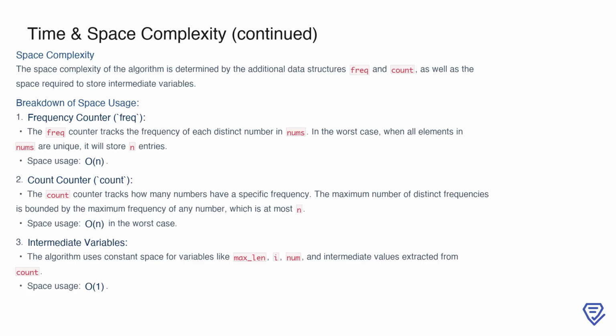The number of distinct frequencies is bounded by the maximum frequency of any number, which cannot exceed n. Thus, the space usage of count is also O(n) in the worst case. Finally, the algorithm requires only a constant amount of space for intermediate variables such as max_len, i, and number. This constant space usage does not scale with the size of the input, so it contributes O(1). Together, the overall space complexity is O(n).